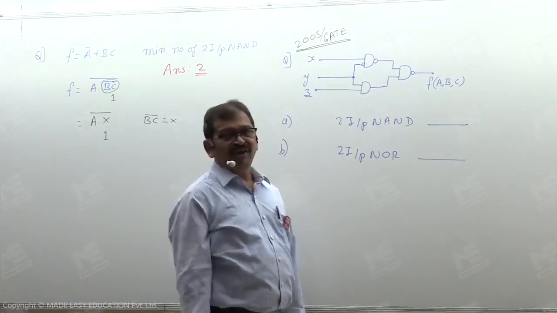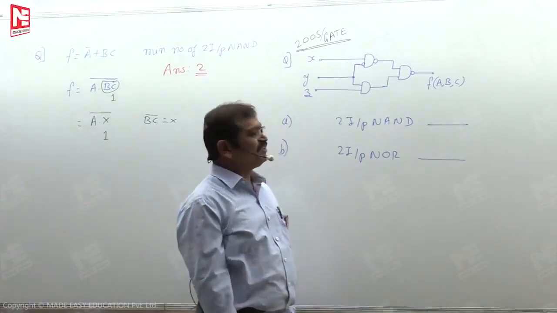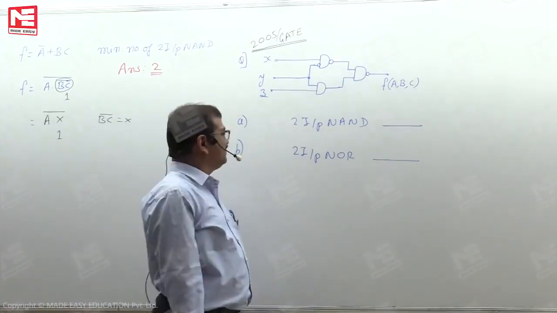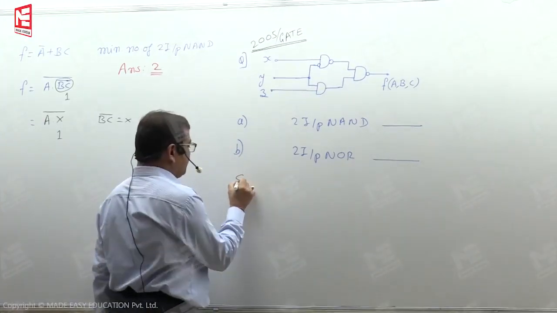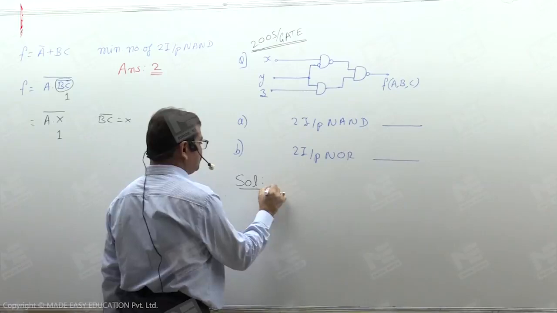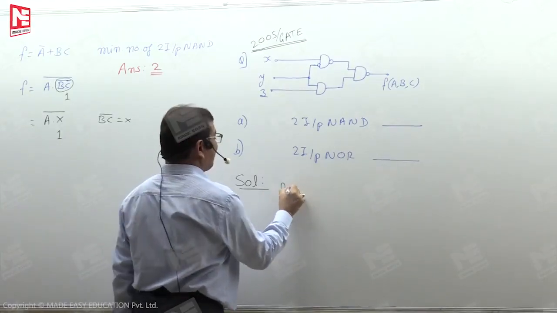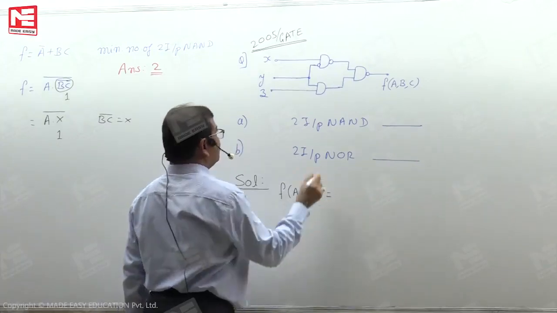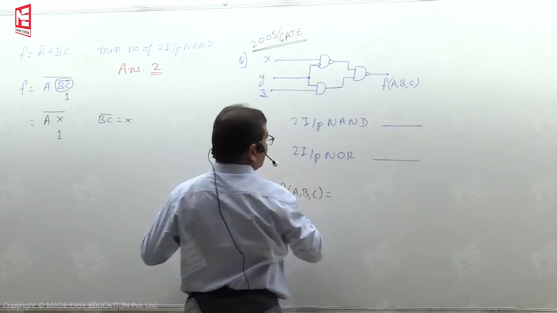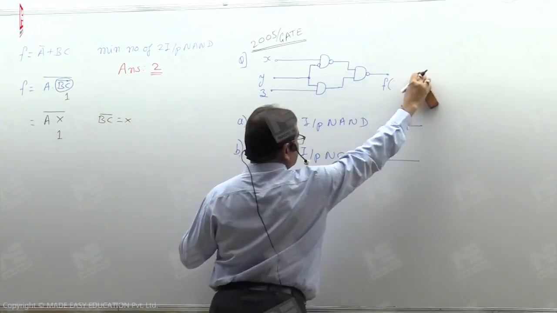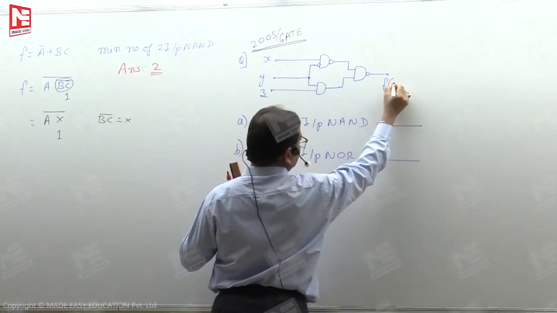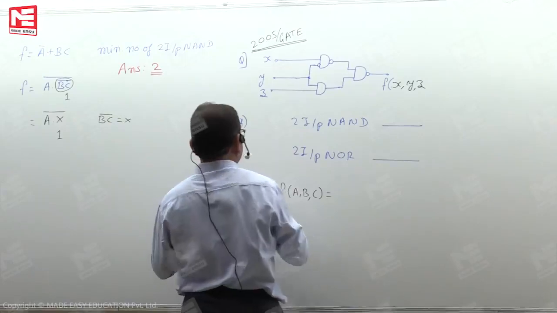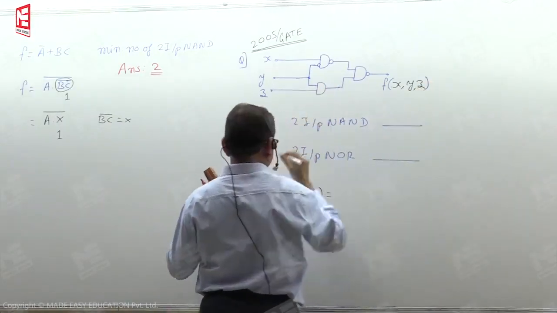To identify the answer to this, let us first read what function is implemented by the given logic circuit. The function implemented by the given logic circuit is f of XYZ. Sorry, I was supposed to write XYZ here, because they are taking the variables as XYZ.